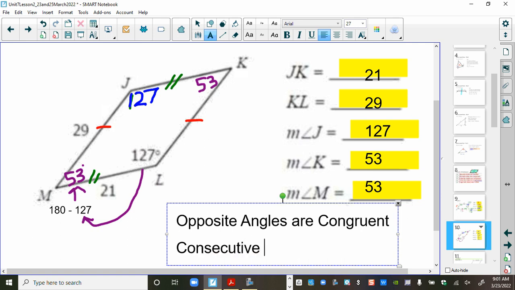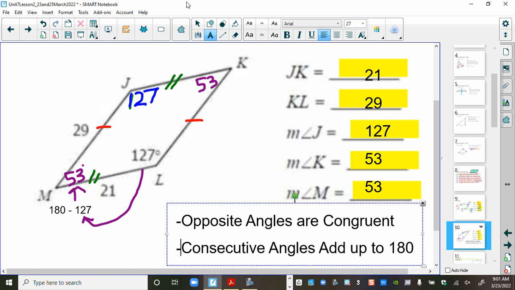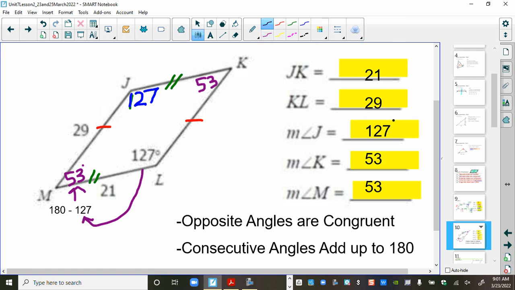Consecutive angles add up to 180. Questions, anybody? Forgot my degree symbol, but these are rules you have to know.